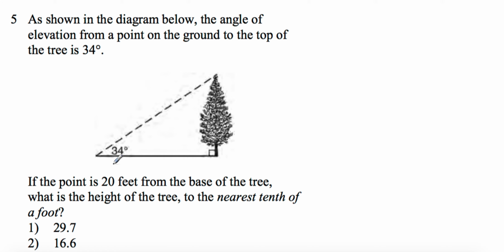All right, let's look at number 5 here together. So we realize that this is 34 degrees. The point is 20 feet from the base of the tree. So this is 20. What is the height of the tree? I don't know what it is, so I'm going to call that x. Then what kind of relationship do we see between x and 20? That's right, it's a tangent relationship. So we could have tangent of 34 degrees equal to x over 20.